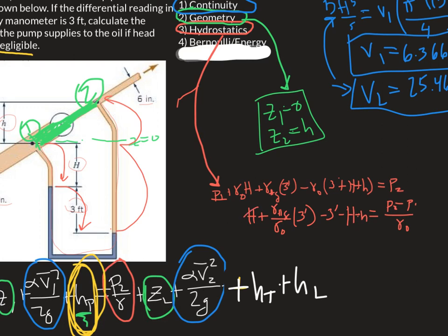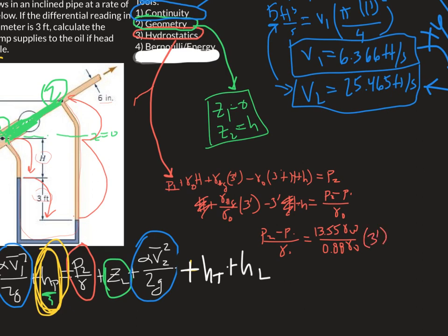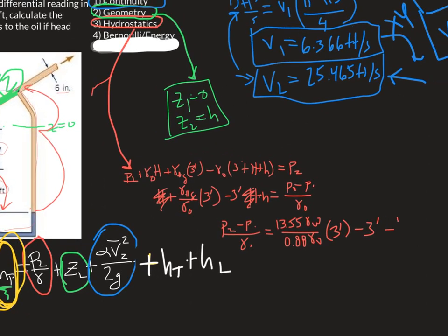Okay, so you see this capital H and that capital H will cancel, and we're left with P2 minus P1 over gamma oil equals gamma Hg, which is 13.55 times gamma water, over gamma oil, which is, in this problem, 0.88 times the gamma of water, times 3 feet minus 3 feet minus h.